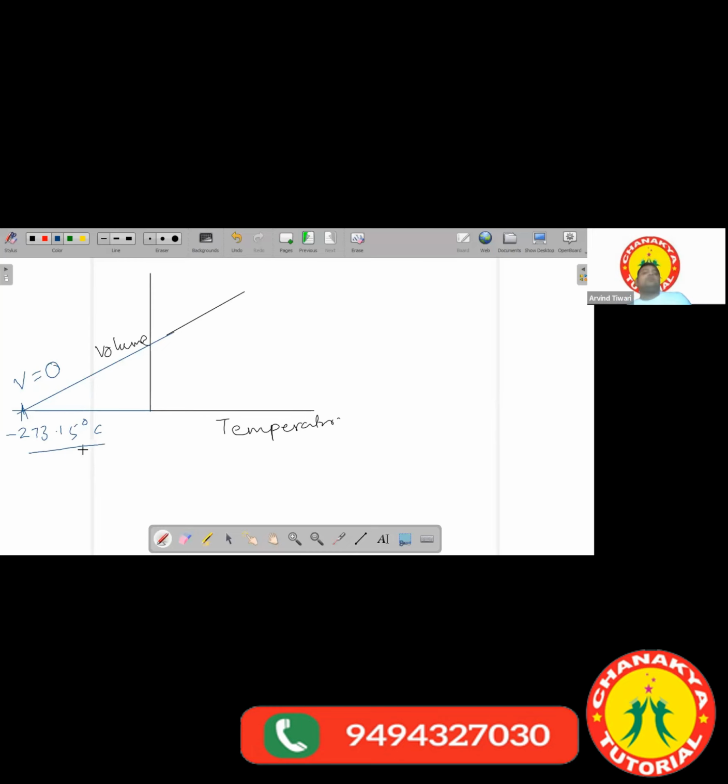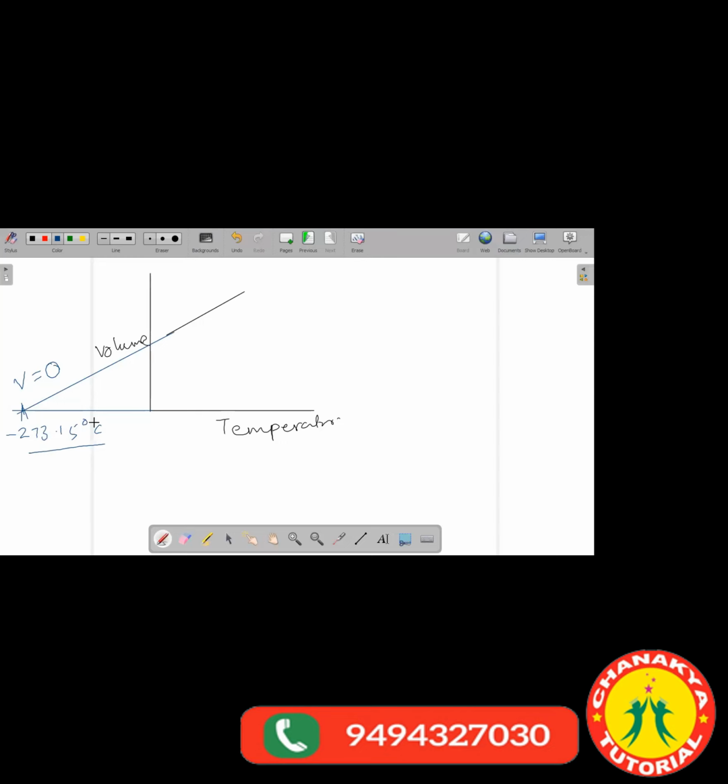Since it's not practically possible to make the volume zero, it is also not practically possible to achieve a temperature of minus 273.15 degrees centigrade. That means you cannot cool a substance beyond a temperature of minus 273.15. That's the minimum possible temperature.